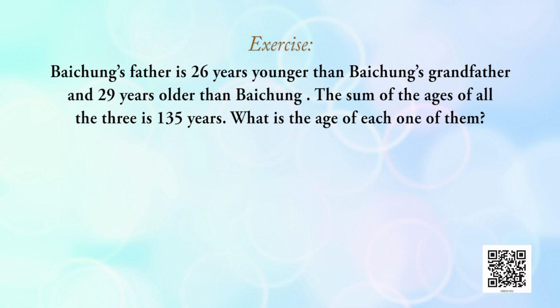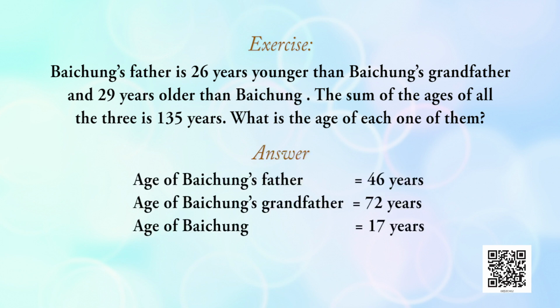Then what is the age of each one of them? Apply the same technique on the above and find the answer. For your reference, I am giving the answer. Age of Baiju's father is 46 years, age of Baiju's grandfather is 72 years and age of Baiju is 17 years. Please try to find out by applying the above technique.